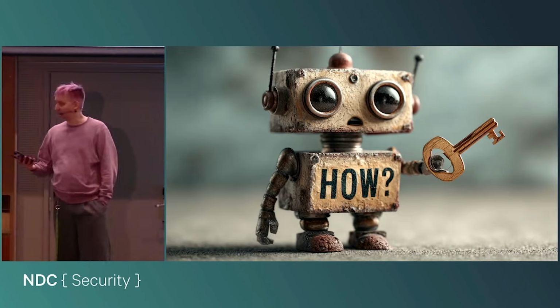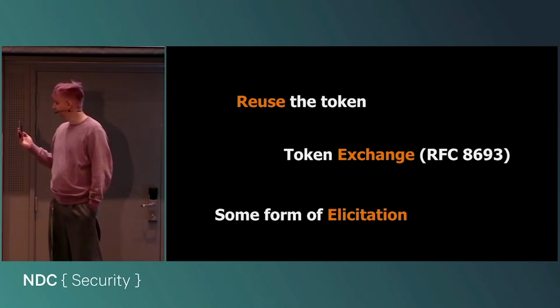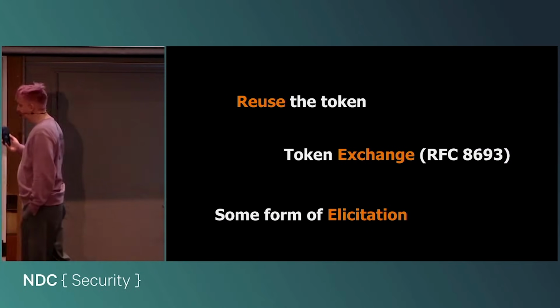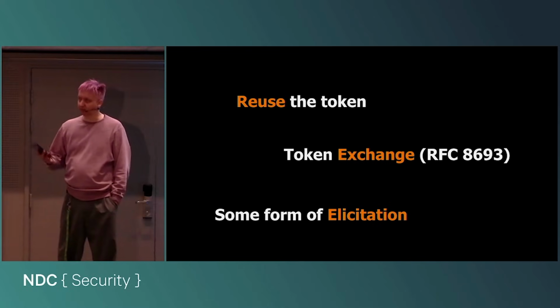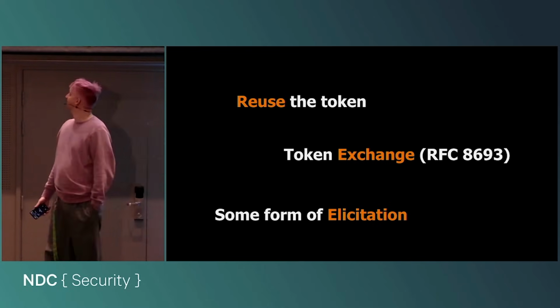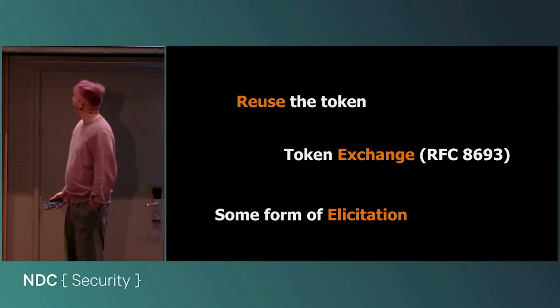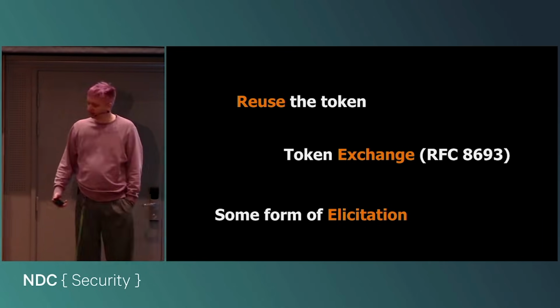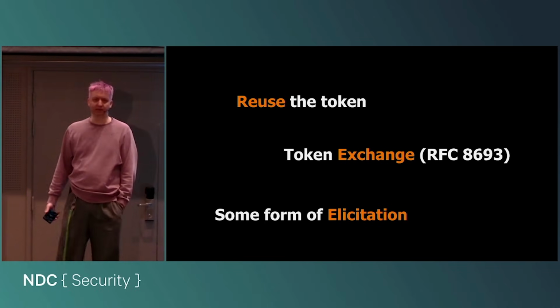So how can we handle our keys, our secrets, and our RBAC? We can, like I showed, reuse the token. We can use a token exchange, which is defined in RFC 8693, which is kind of the most correct way of doing it right now.